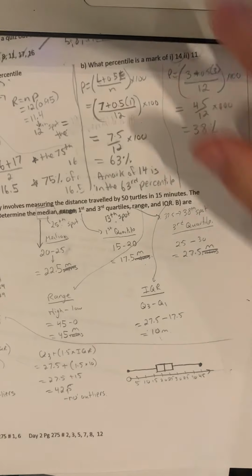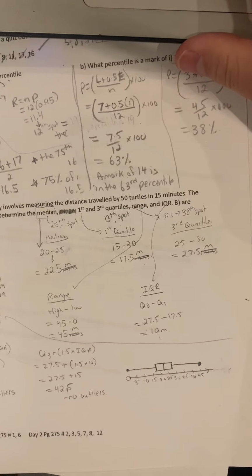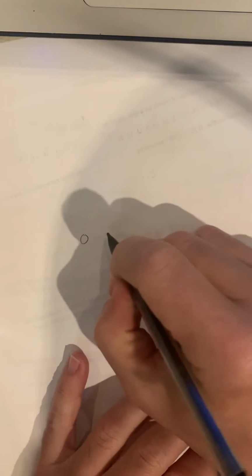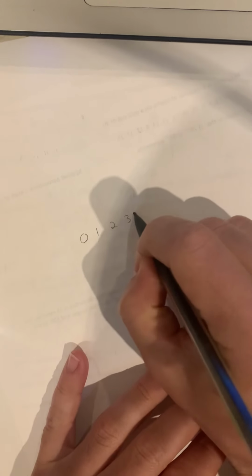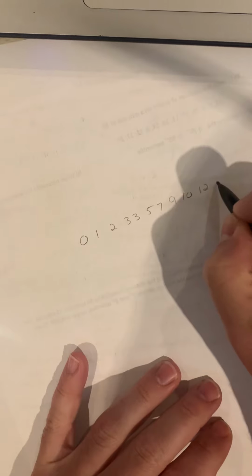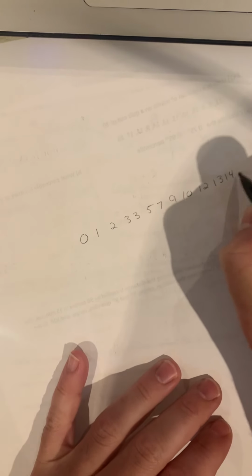Okay, so last thing here is I want to show you just quickly how to do the Q1 and Q3 if you had a list of values.